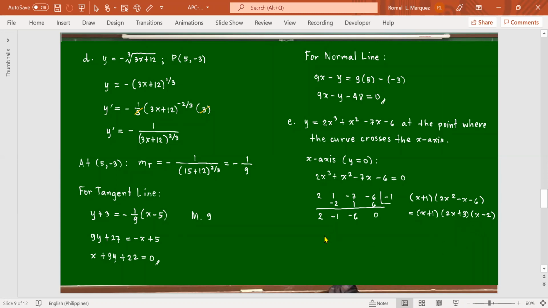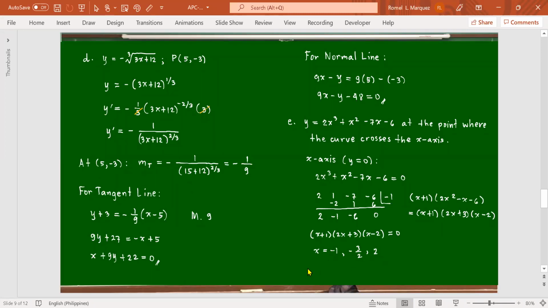Okay. So, what are the roots now, guys? So, we have x plus 1, 2x plus 3, x minus 2 equal to 0. Equate each factor to 0. We get x equals negative 1, negative 3 halves, positive 2, no?